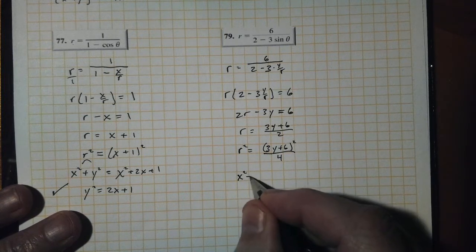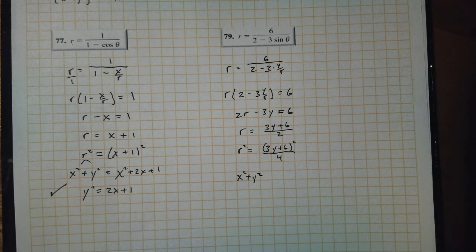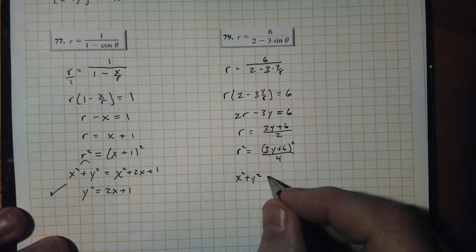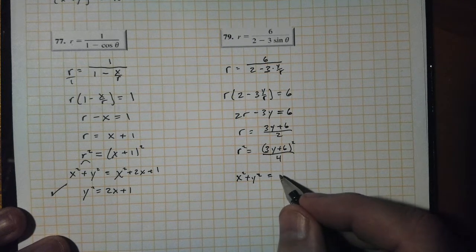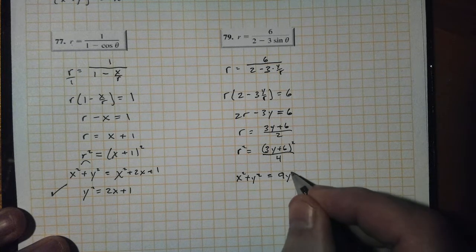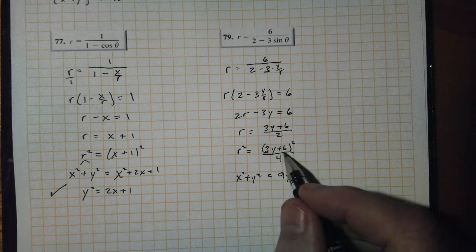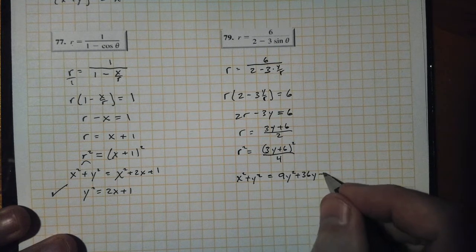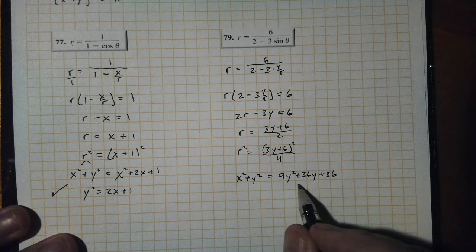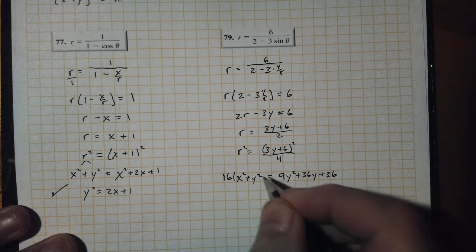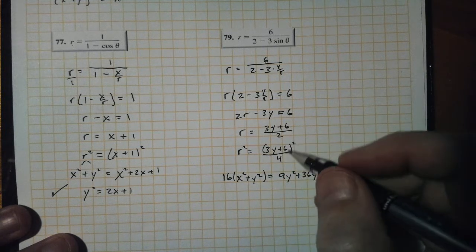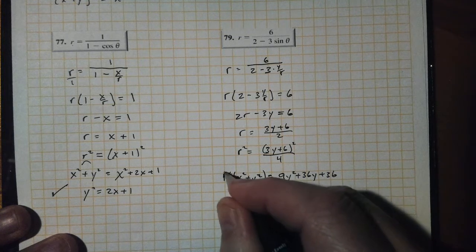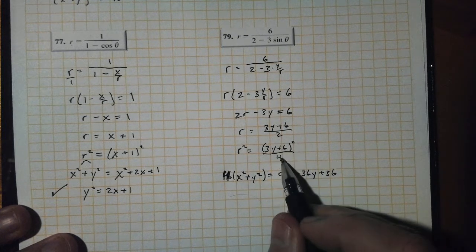Excuse me, that's x squared plus y squared. x squared plus y squared equals, let's go, 9y squared plus 36y plus 36, all on 16. Maybe I'll multiply that 16 across, but I've already squared that 4. Multiply that 4 across, 2 squared is 4.